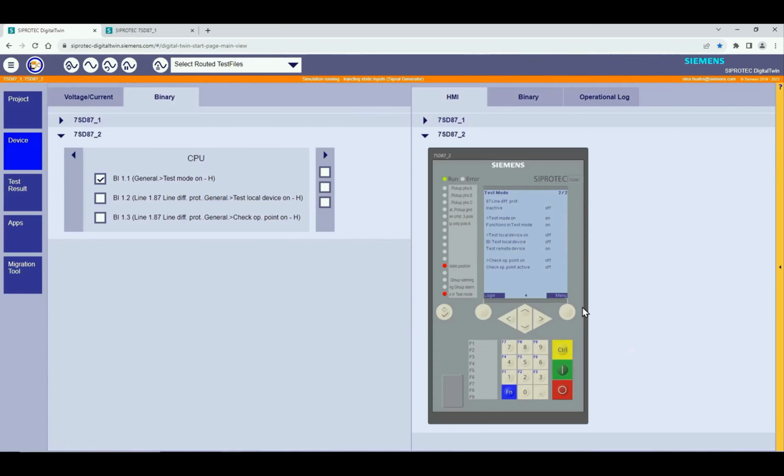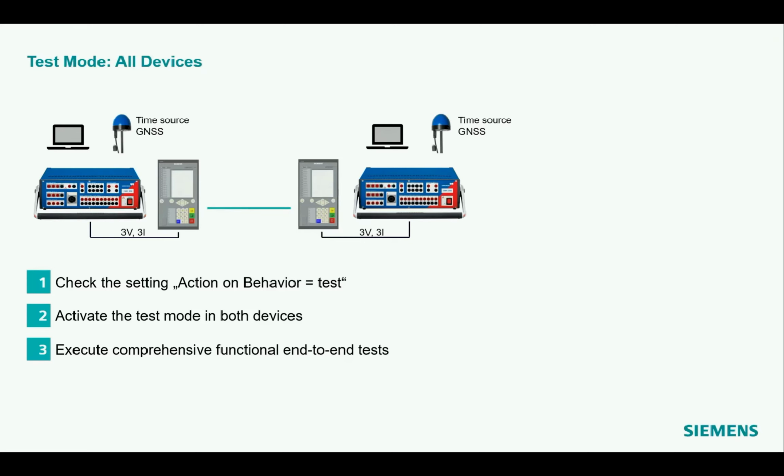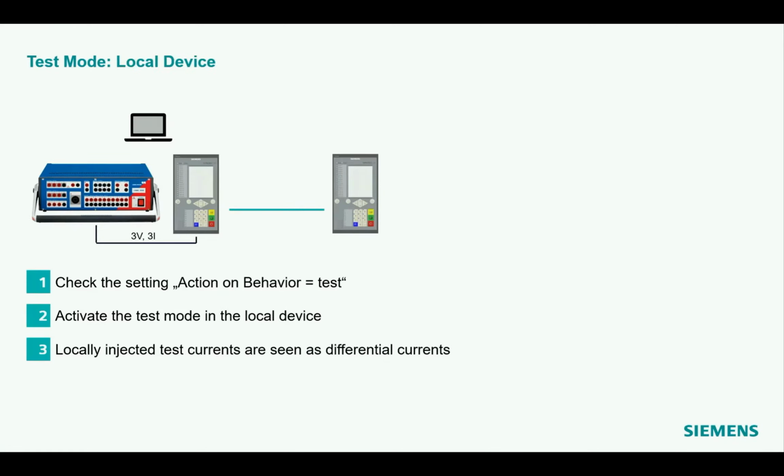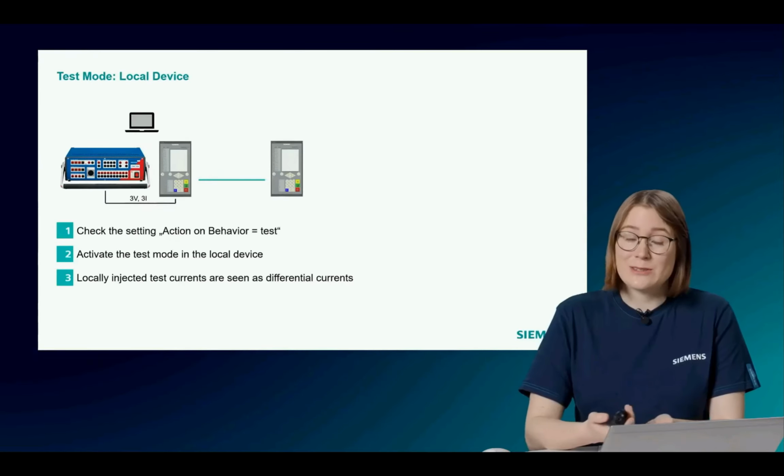So I will switch again to the theory, to the slides, and show you our second test mode that we have. This is the so-called test mode local device. The idea behind it is that maybe the devices are already installed. There is a huge distance between them, but you will do a last check.